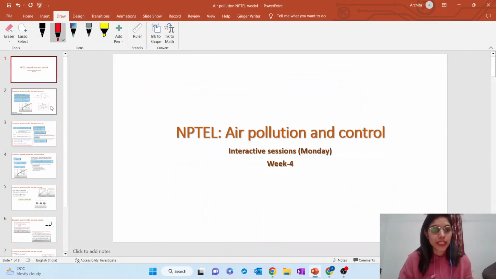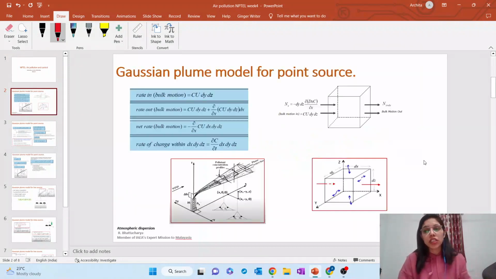Okay, so let's start. In the previous lectures, we have seen that whenever we talk about air quality monitoring, we take three sources. One is point source, where the emission is from a point. Next is line source, where the emission is across a line, for example traffic.